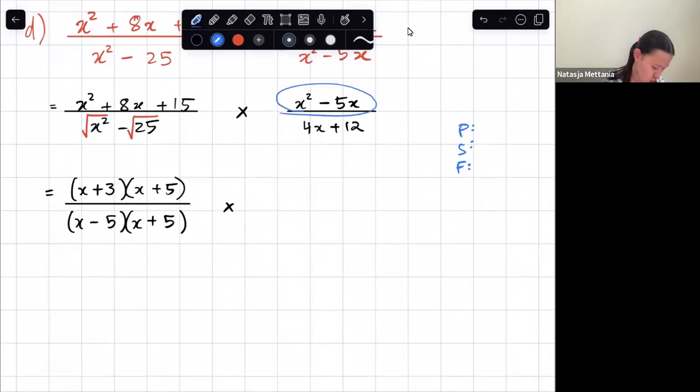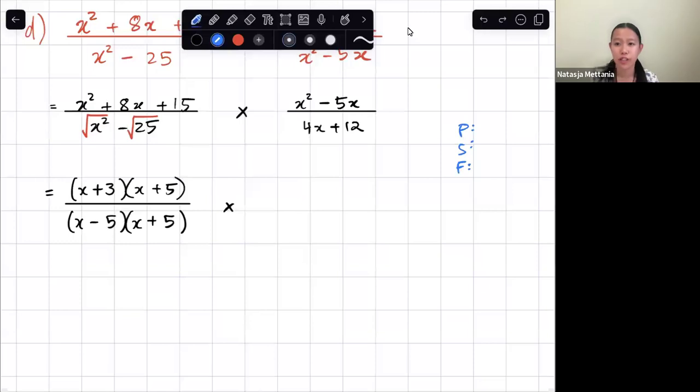I'm going to focus on this top one right here, x squared minus 5x. I can't use PSF, because there's no term like plus 15 or anything like that. I can't use difference between two squares because negative 5x is not a perfect square. I can't use non-monics or grouping in pairs because the number at the front of x squared is not greater than 1.